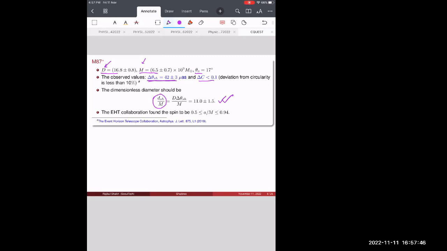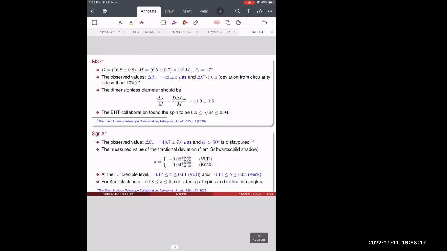The EHT collaboration has found the spin of M87 star to be within this range. They have not given any strict value of the spin. So when we constrain the mimickers using M87 results, we'll be using this dimensionless diameter and the deviation parameter delta C. However, for Sagittarius A star, the observed value of the angular diameter of the shadow is this.